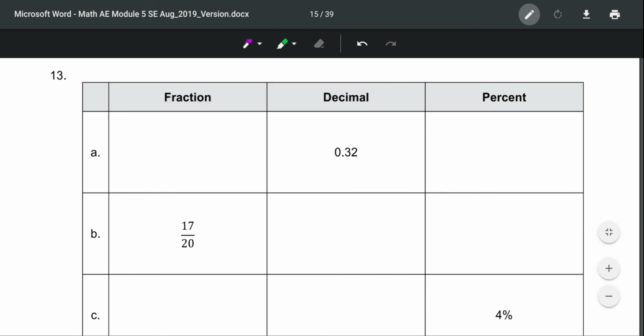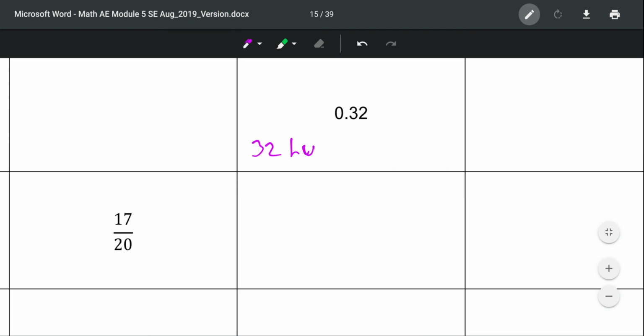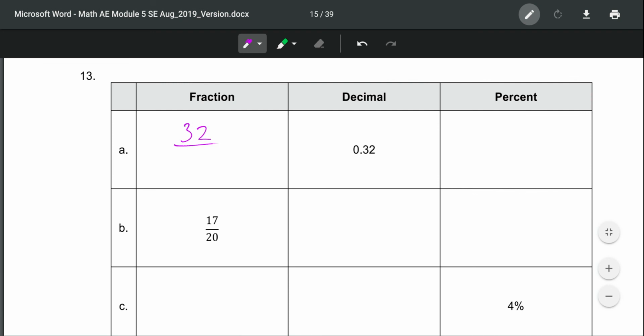So 0.32 means 32 hundredths, which would be 32 out of 100, which you can divide by 4, and you get 8/25.